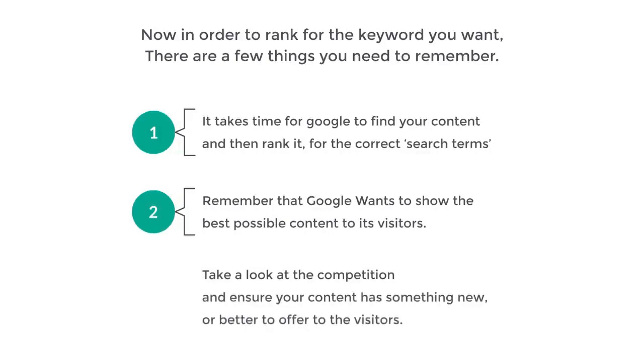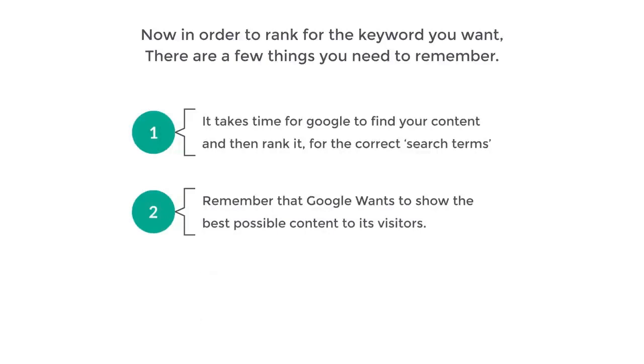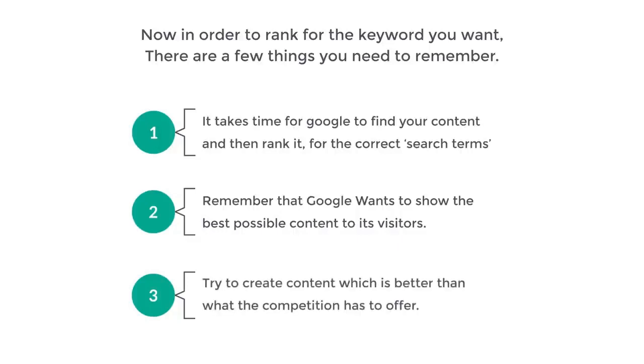Number two, remember that Google wants to show the best possible content to its visitors. Number three, try to create content which is better than what the competition has to offer. So be aware of this. Google is very sensitive about its visitors.